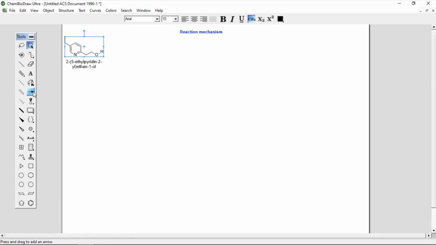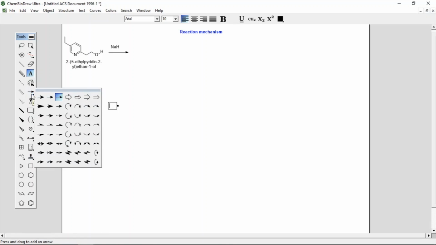Then this will react with sodium hydride. So the role of this sodium hydride is that it acts as a base. It has Na+ and hydride, H minus, so that is called hydride.